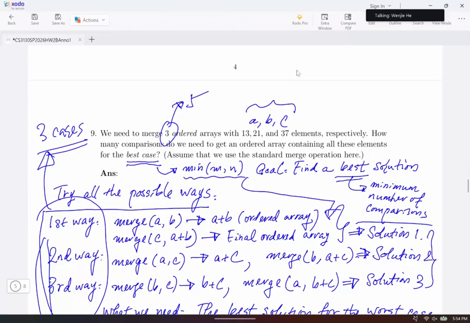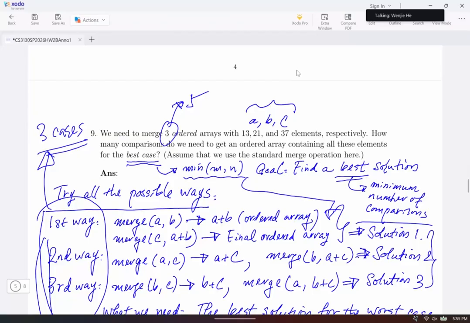In that one, if you still want to exhaust all the possible cases, too much work, because total 5 cases. If you want to cover all the possible ways, you need to do too much work. So that's not efficient.